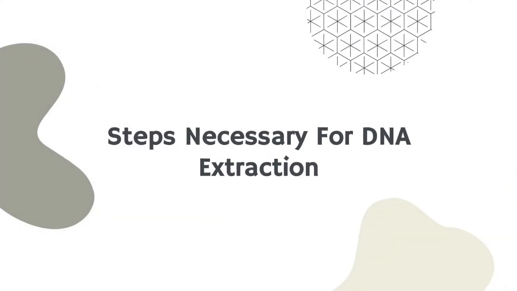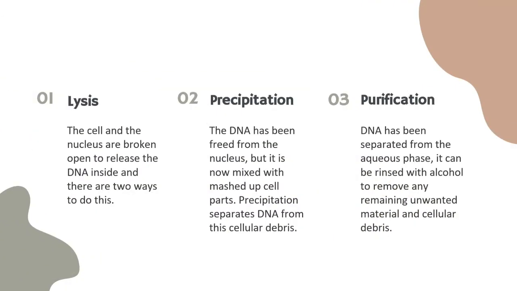Next are the steps necessary for DNA extraction. There are three steps, which are first, lysis, second, precipitation, and lastly, purification. In the first step, which is lysis, the cell and the nucleus are broken open to release the DNA inside, and there are two ways to do this. First, mechanical disruption breaks open the cells.